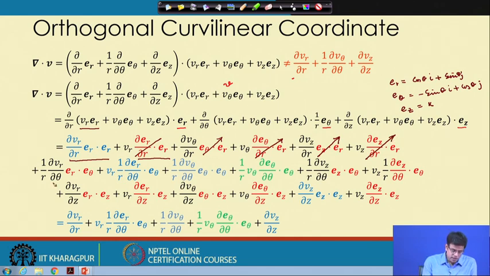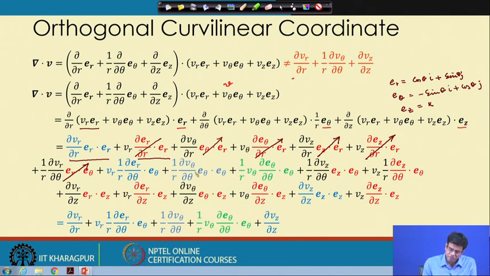Now the next term, er dot E theta, again will be 0 since it is an orthogonal system. Now del er del theta: if you remember carefully, er is a function of theta, so its derivative need not be 0. We will investigate it later.